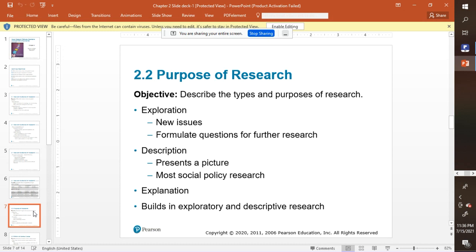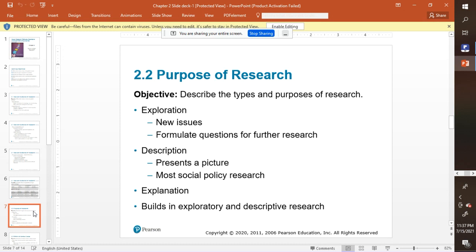Sometimes we also carry out research to describe, to tell about the present, to tell about something, how it is, everything that has to do with it. Exploratory is different from descriptive. Descriptive is trying to describe, to give a present picture of what is already there for better understanding.